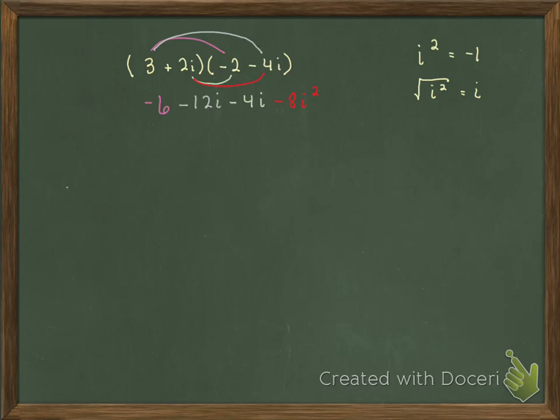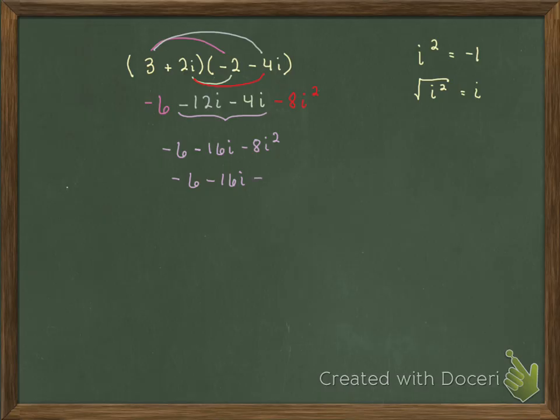Okay? So we're going to go back to the beginning, and we are going to combine like terms, which are these i values right there. So negative 6 minus 16i minus 8i squared. Now, i squared is negative 1.